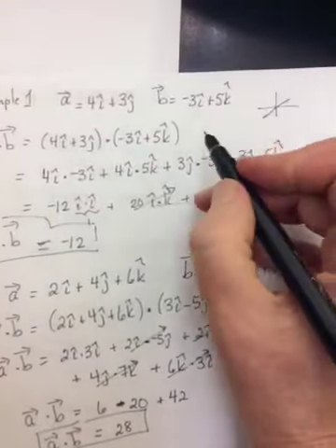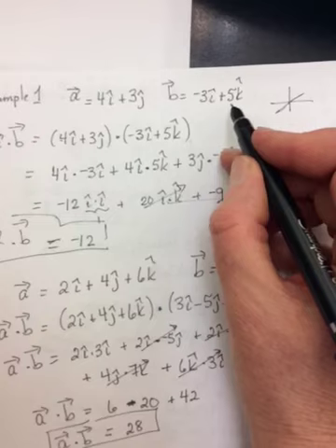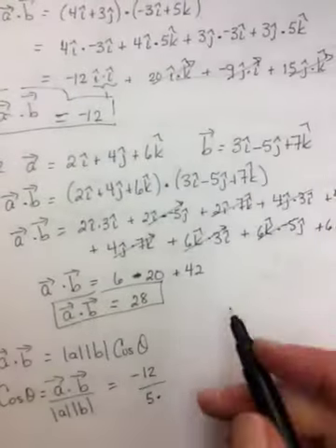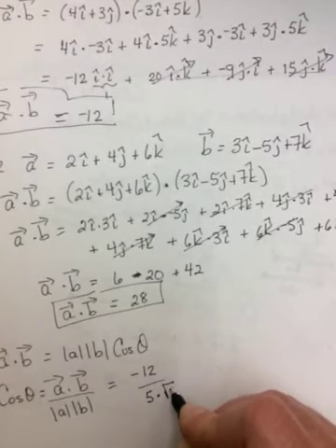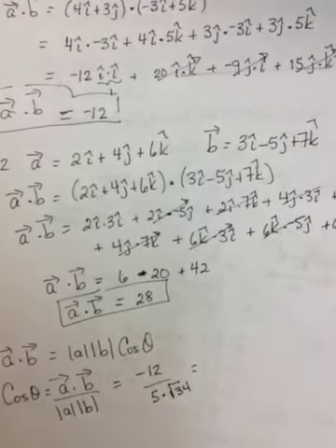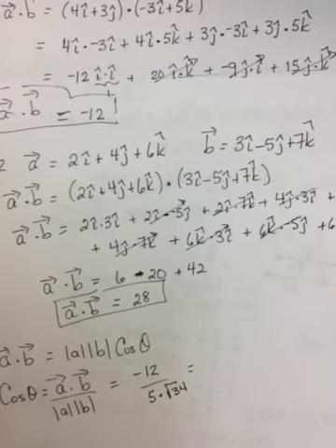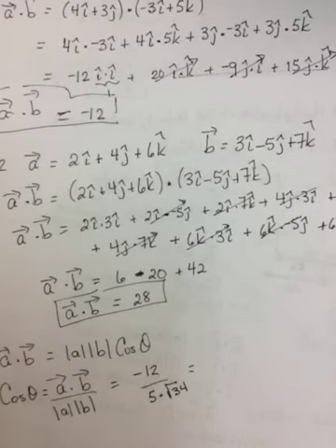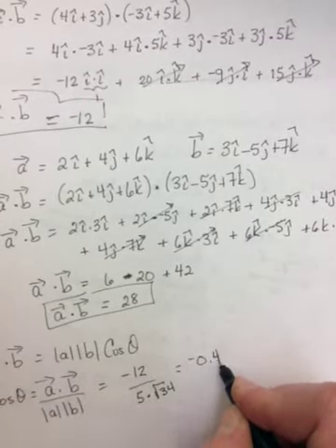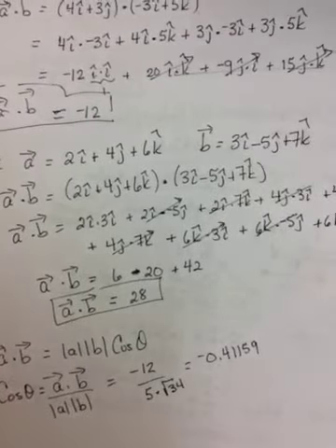And b is negative 3 squared, 9, plus 5 squared, 25, which is 34, so times the square root of 34. Okay, so do negative 12 divided by 5 times the square root of 34, and you get negative 0.41159, etc. I'm going to run out of time here.